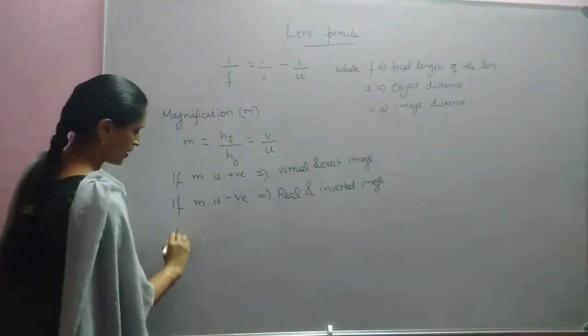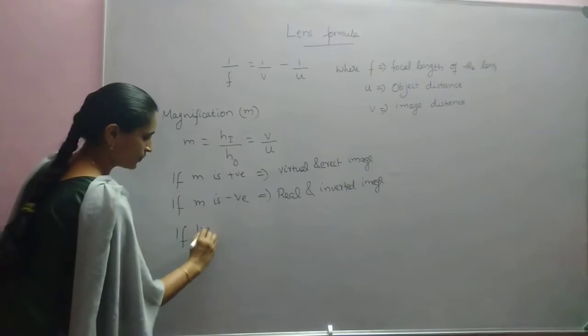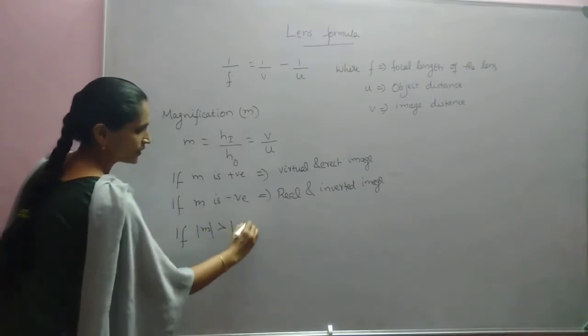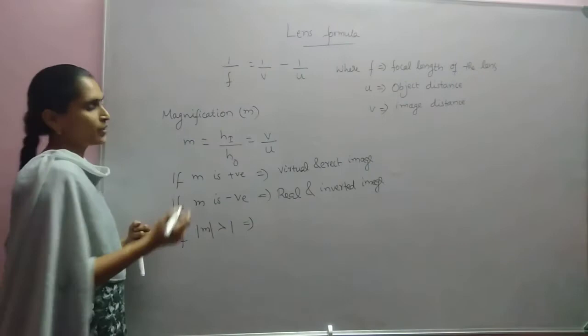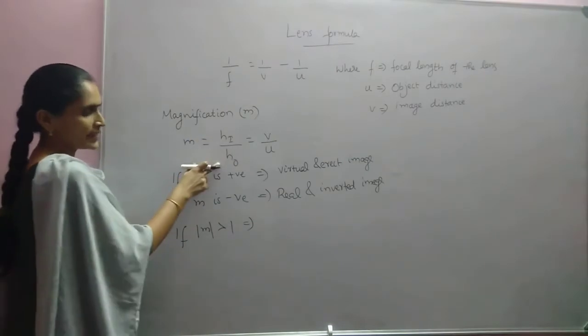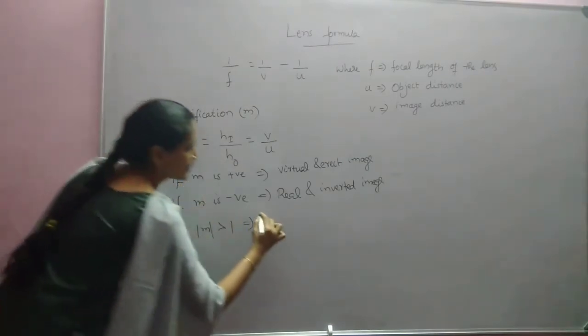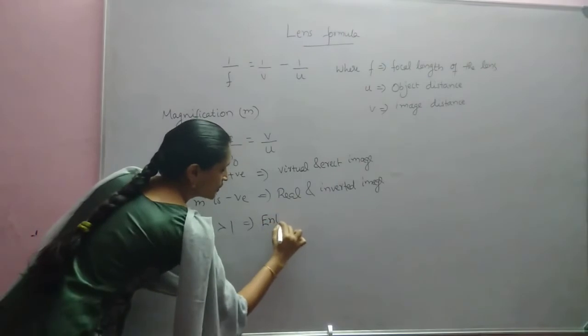If the magnitude of m is greater than 1, we can write enlarged image, which means the height of the image is greater than the height of the object.